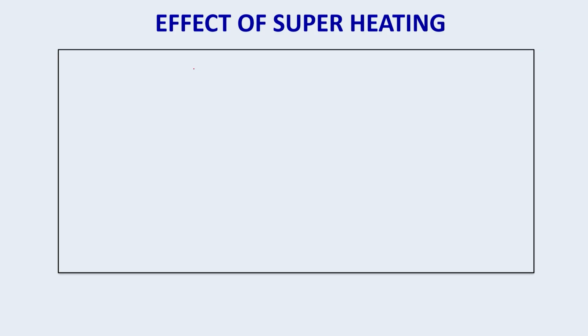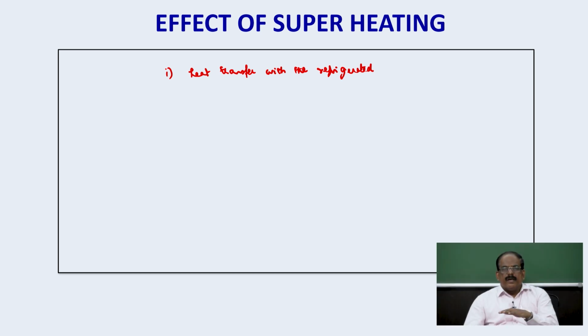So superheating, the first one, is heat transfer with the refrigerated space. How is this possible? Because the temperature of the heat source is higher than that of the evaporating refrigerant.